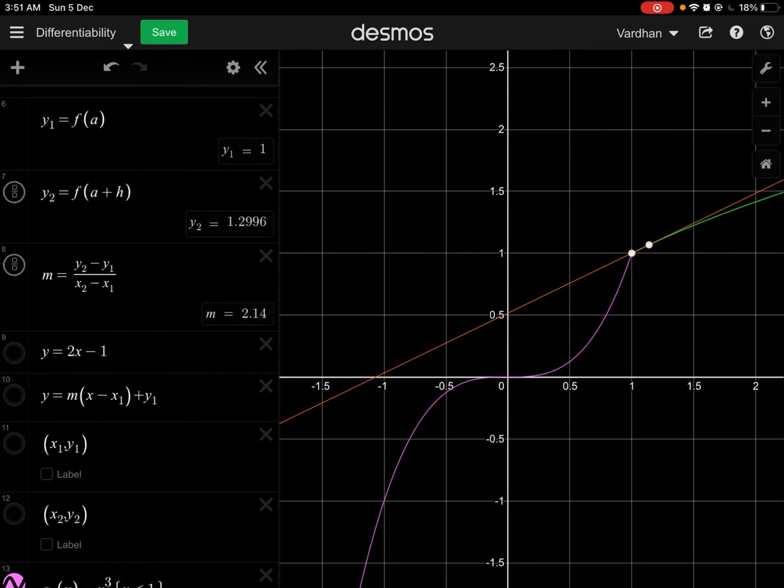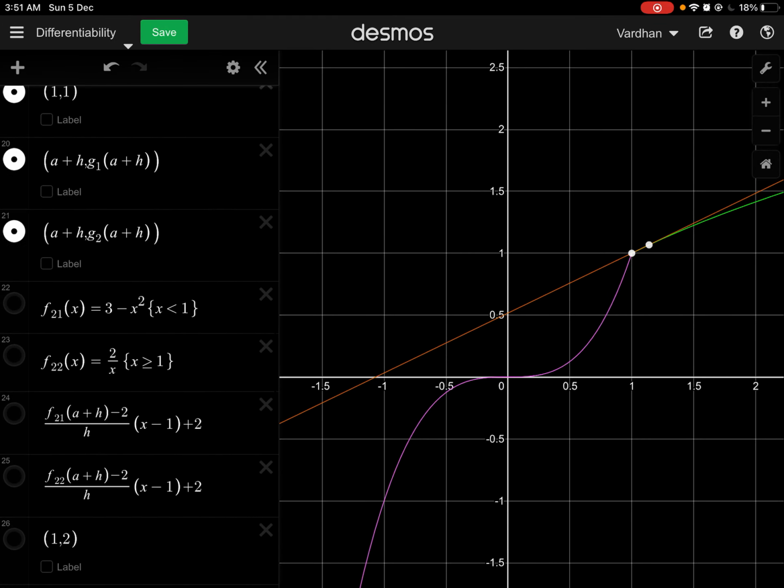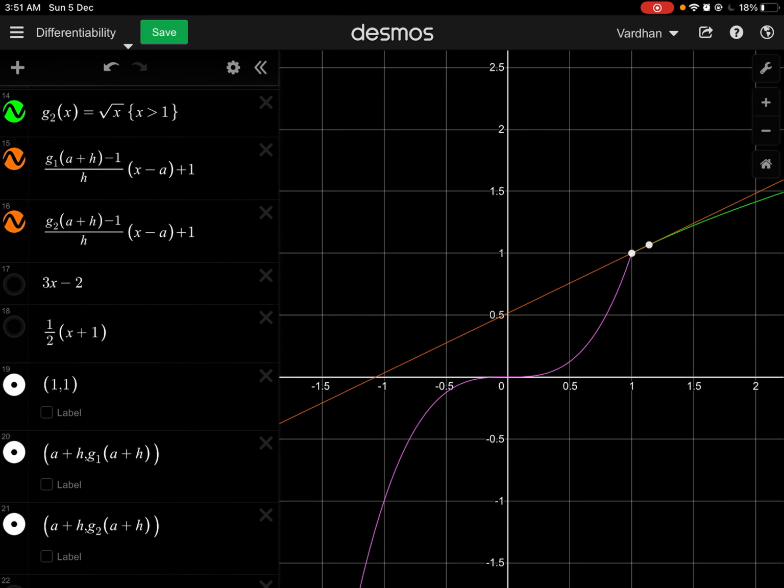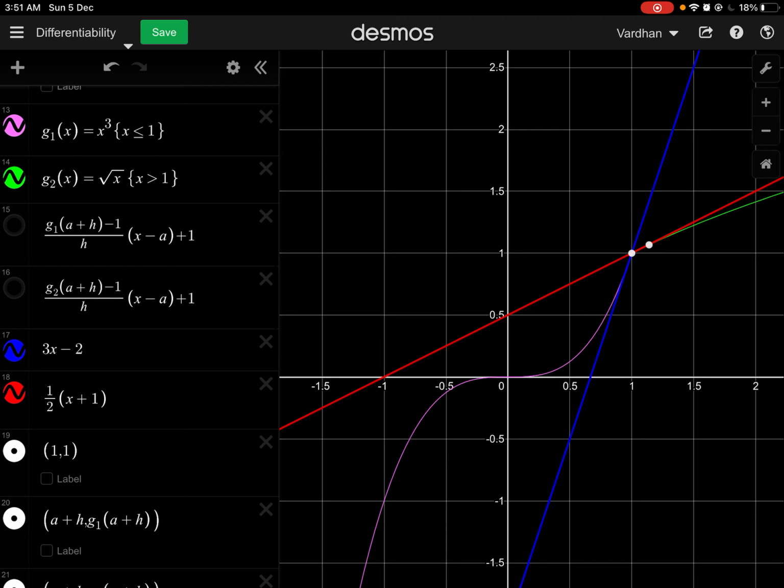So the actual tangents would be these two. For the left hand derivative, we get the blue line, and when we take the right hand derivative, we get the slope of the red line.